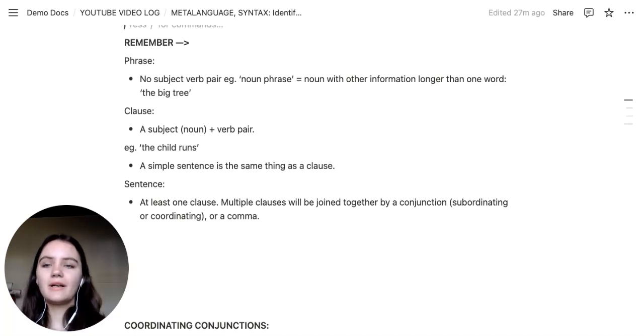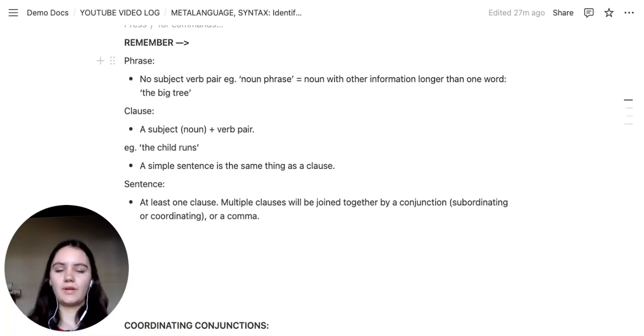So, if we're starting from the bottom, before we even get to a phrase, we're going to just have a single word. We might just have a noun like tree or apple, etc., or a verb like eat, drink. When we get a phrase, we're going to get this extra information attached.